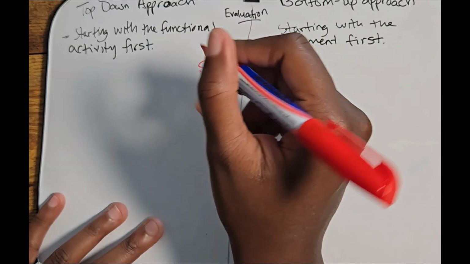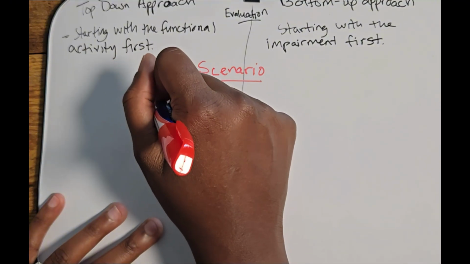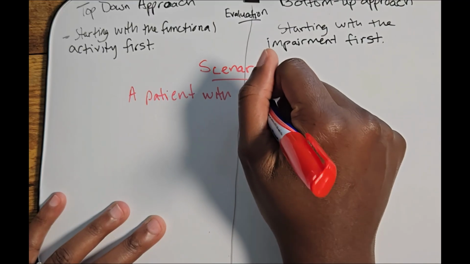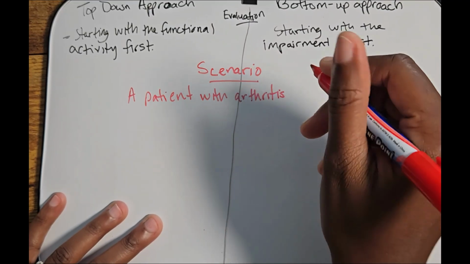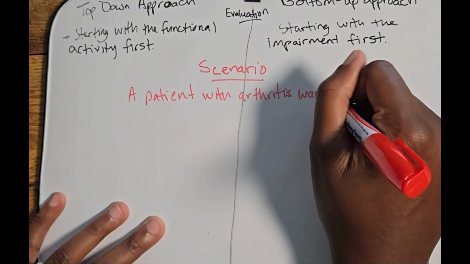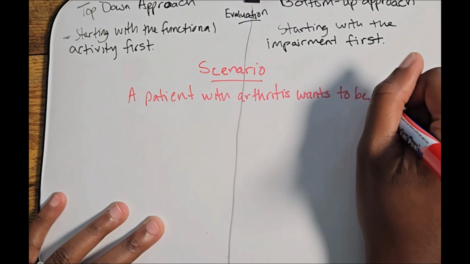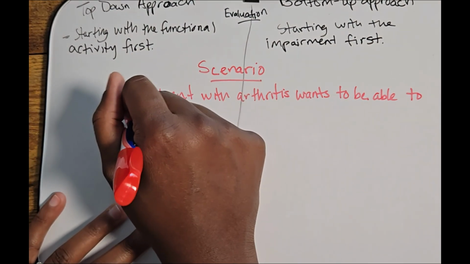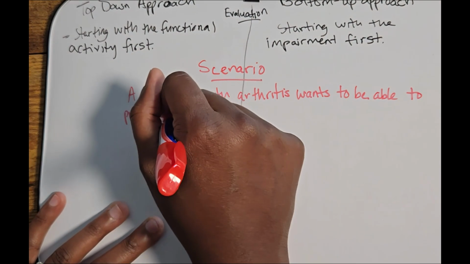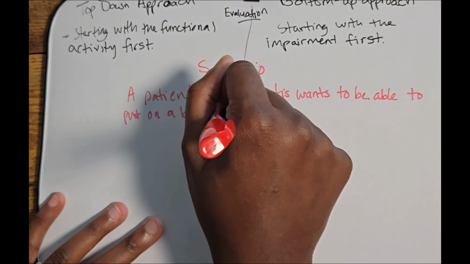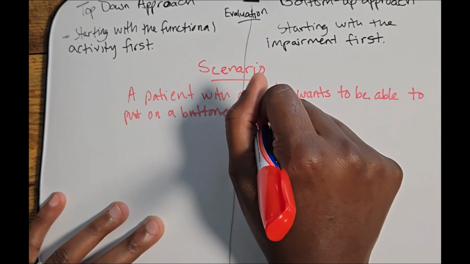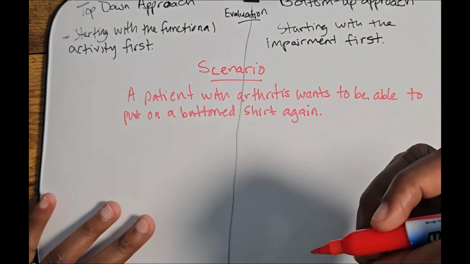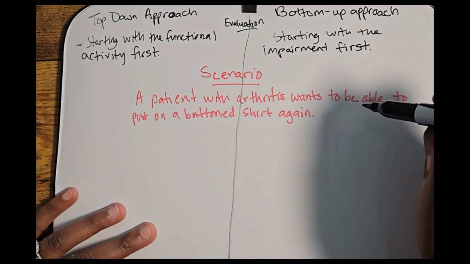Our scenario is a patient with arthritis wants to be able to, let's say, put on a buttoned shirt again. Okay. So we have our scenario here.